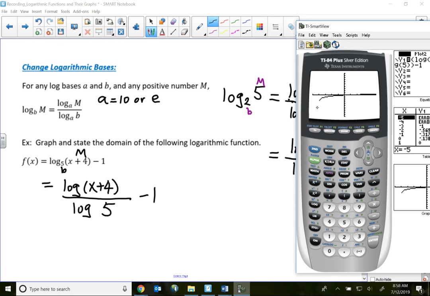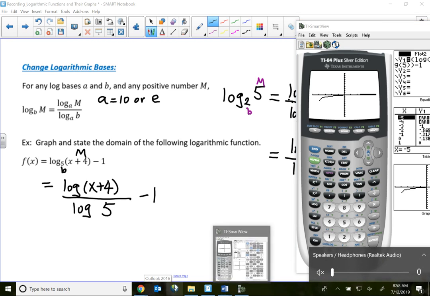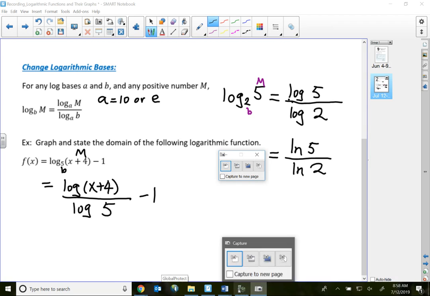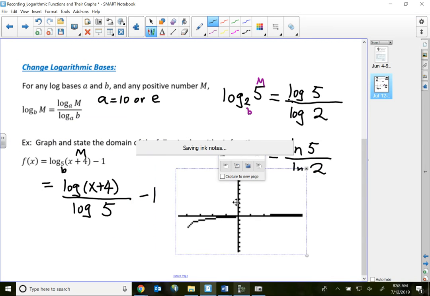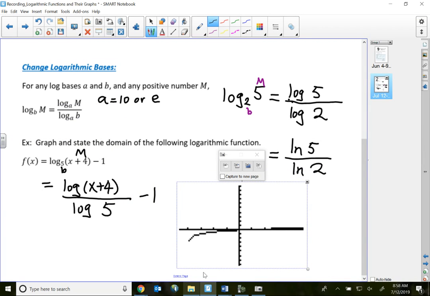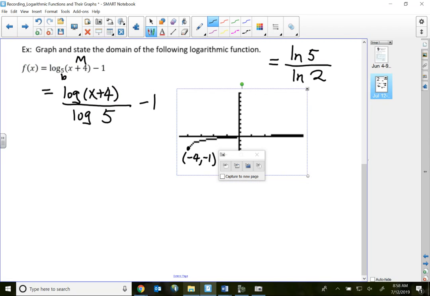So that means the point I'm starting at has got to be -4, -1.